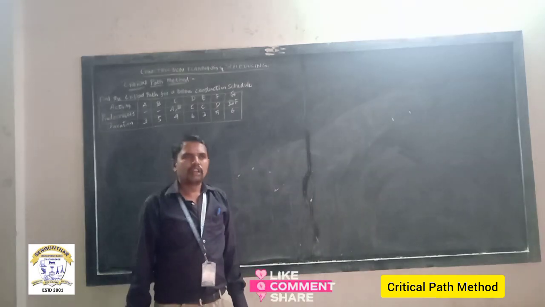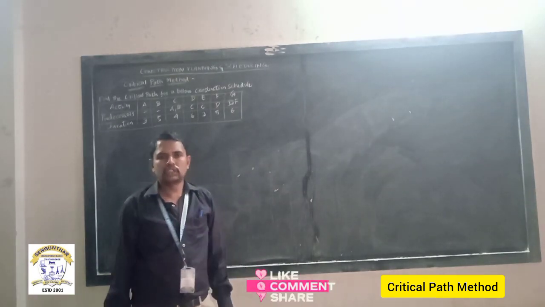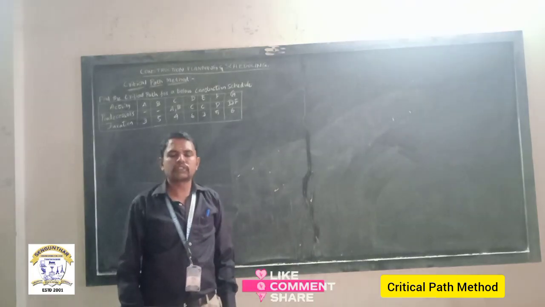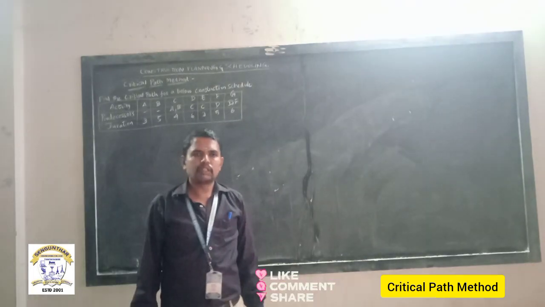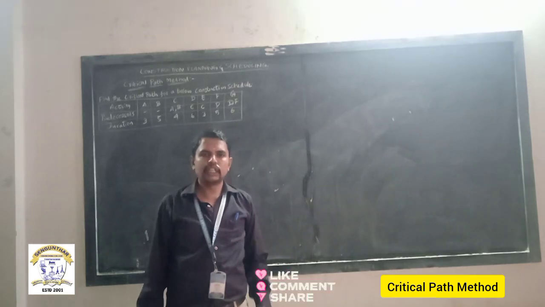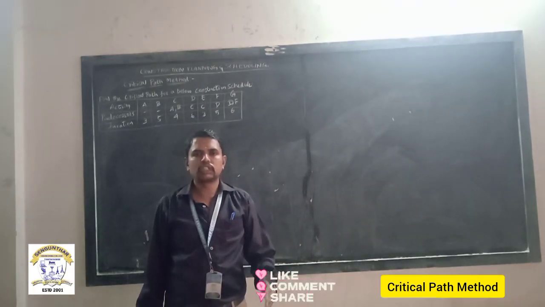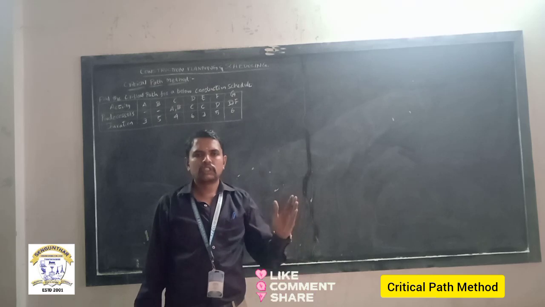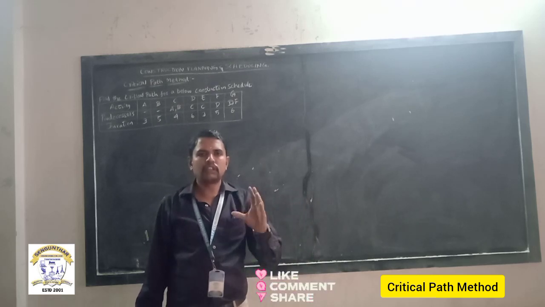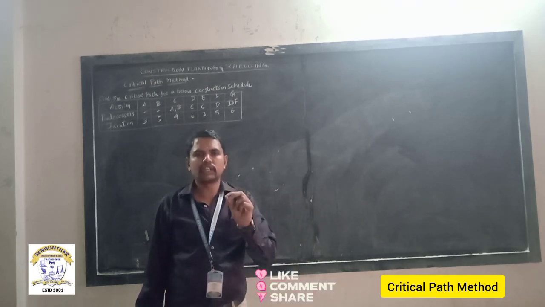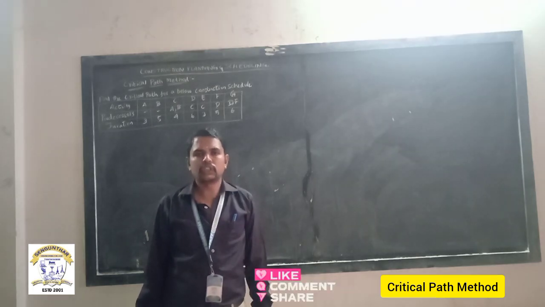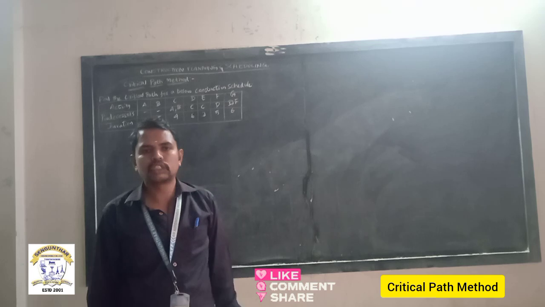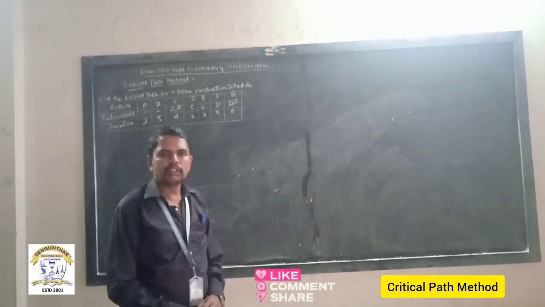In a particular schedule, there are different networks of project activities going on. From that network, there are so many paths to complete the project. Among those paths, which path is more critical? The path that has the longest duration.